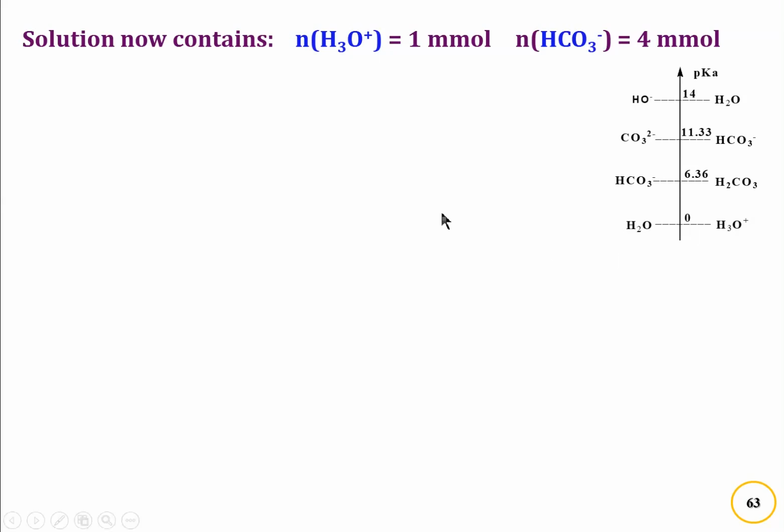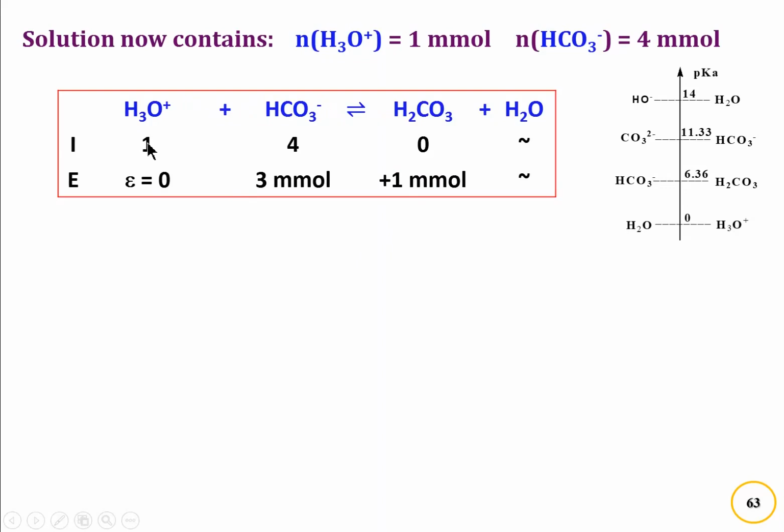So we write the reaction. We have 1 H3O+, 4 HCO3 minus. This reaction will form H2CO3. So at equilibrium, at t equals infinity, H3O+ is limiting, so we have practically 0. And 3 millimoles of HCO3 minus remained, and 1 millimole of H2CO3 formed.